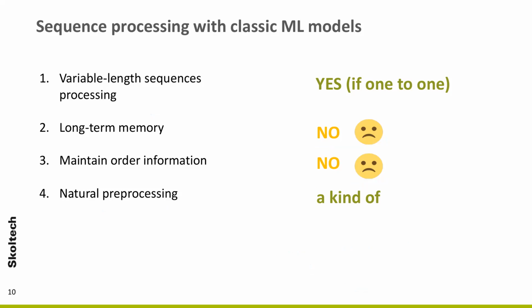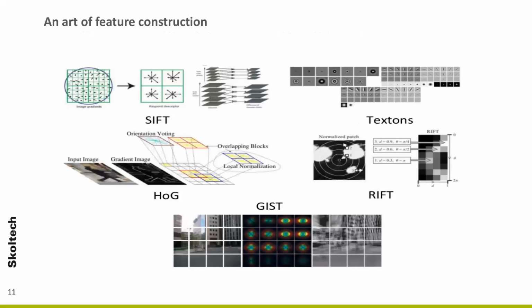And we hope to find this replacement in the world of deep learning. Similar to what we had before for image processing, we say, okay, in the past we had this art of feature construction, a lot of SIFT, HOG, GIST, and all other dangerous words to generate features from images.